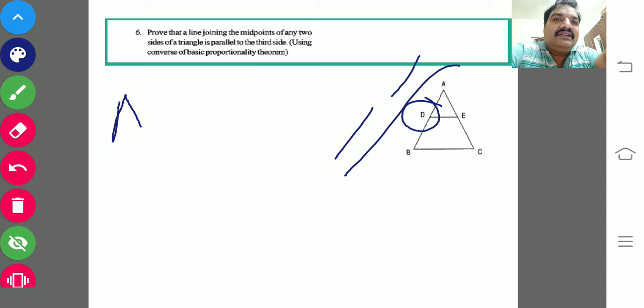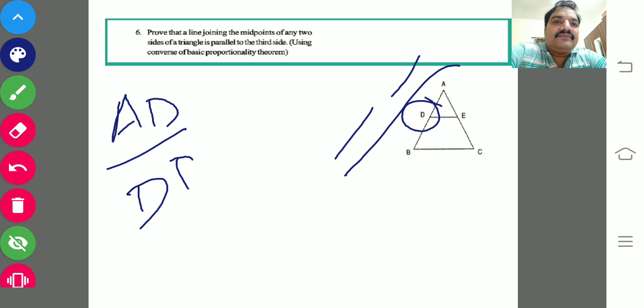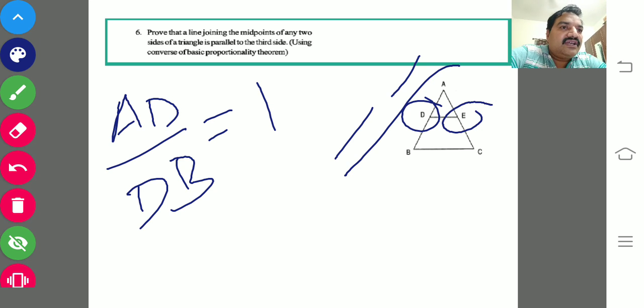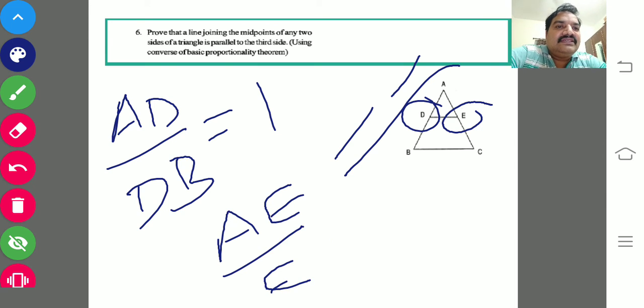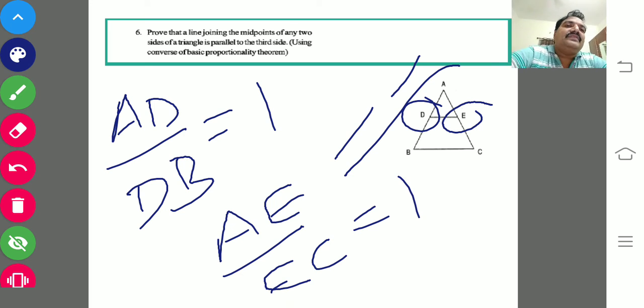Simply you write AD by DB equals 1. And on this side also, it is given that E is a midpoint of AC. You can write that AE by EC equals 1. So here also equal by equal, here also equal by equal.